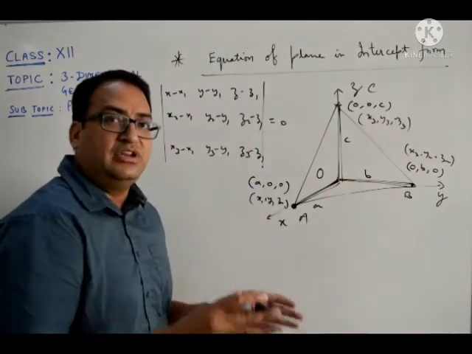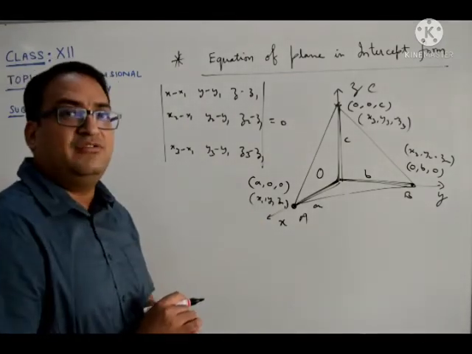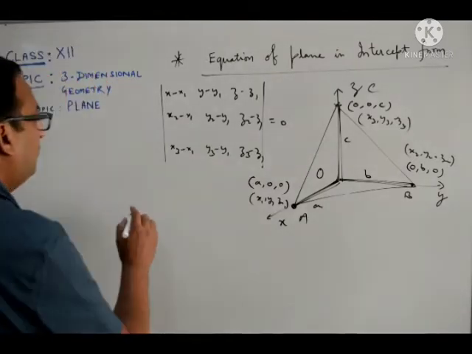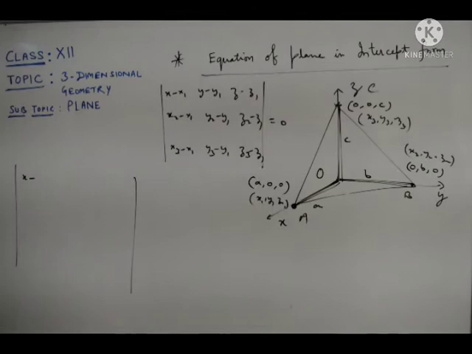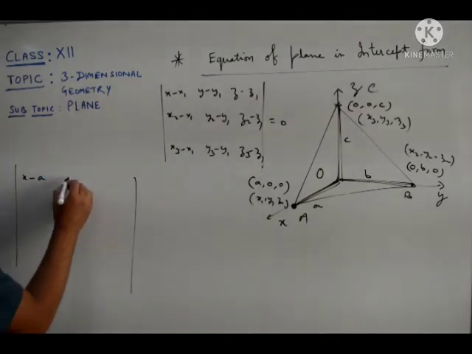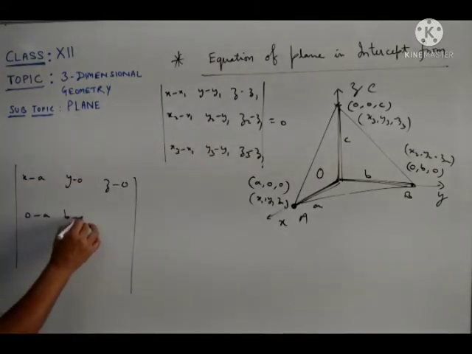Since we know 3 points on the plane, using the 3-point form of equation of plane, we can write its equation. So putting the values: x1 is a, so x minus a, y minus y1, y1 is 0, z minus z1 is again 0. Then we have x2 minus x1, that is 0 minus a, y2 minus y1, that is b minus 0.